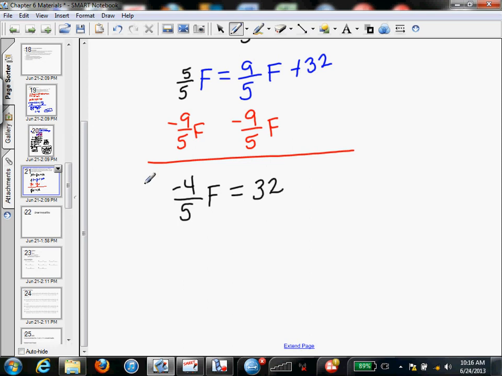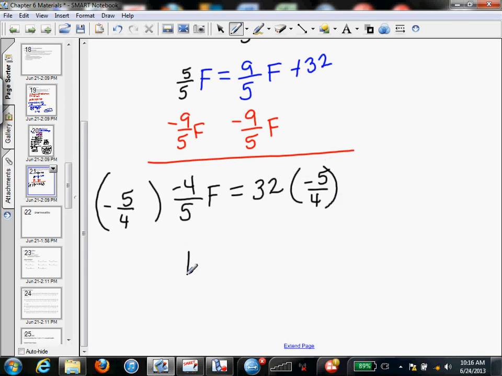Okay, now to get that F by itself, we can multiply by the inverse, or the reciprocal, or a negative 5/4 on both sides of the equation. And when we do that, we're going to get a positive F equals 32 times the fraction negative 5/4. That's going to reduce to negative 40.